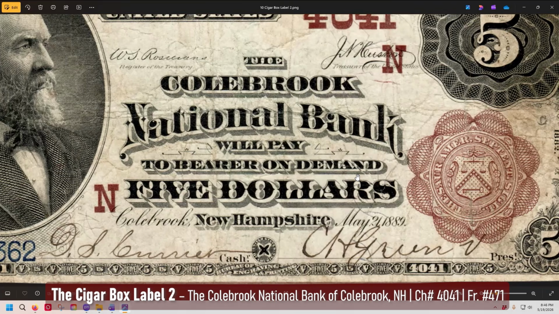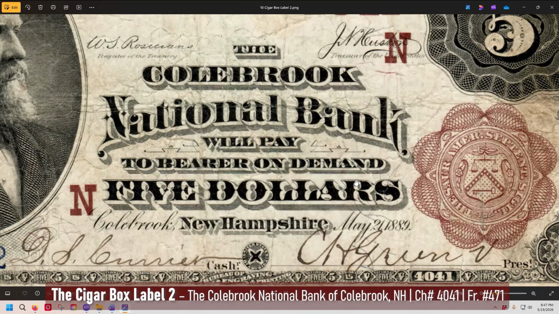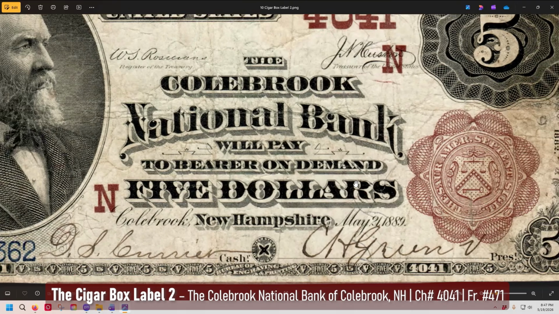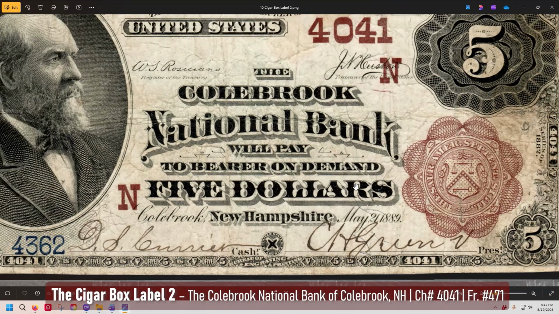And the main reason for this is all these have, you can see, the town National Bank. The name ends in National Bank. So that pretty much dictates a different layout. The banks ending in National Bank are much rarer than, like, your First National Bank of Colebrook, whatever you have there. So the cigar box twos are much rarer than cigar box ones.